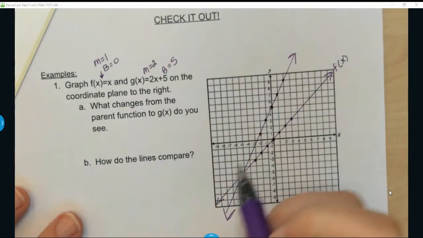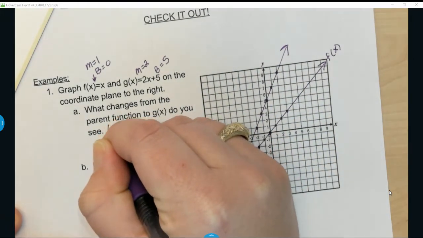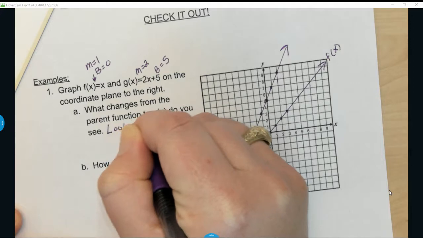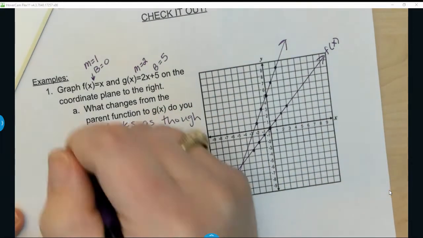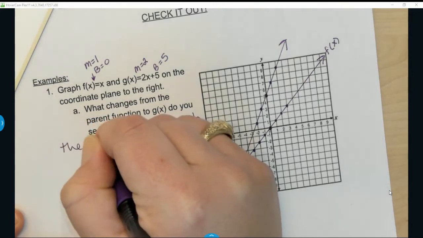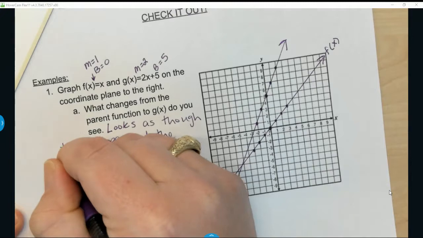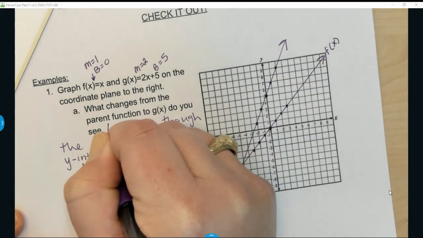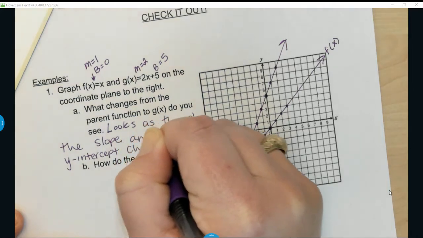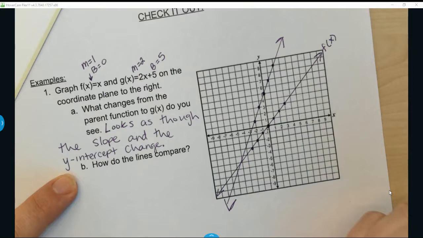So I would say it looks as though the slope and the y-intercept change.